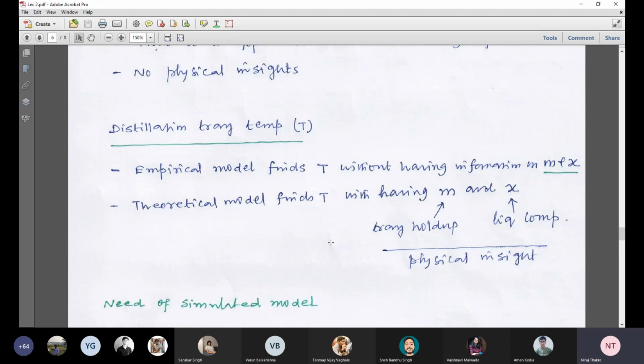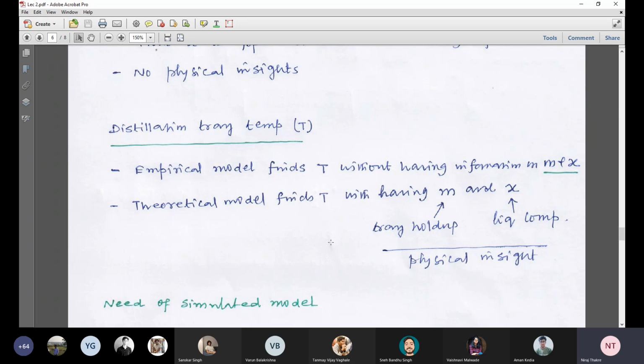Okay, this is one typical example. Now come to the simulated model. So first we develop the model, then we solve those modeling equations, which we call the simulation, or we can say the simulated model. I repeat, first we develop the model for a particular process, then we simulate or solve those modeling equations.